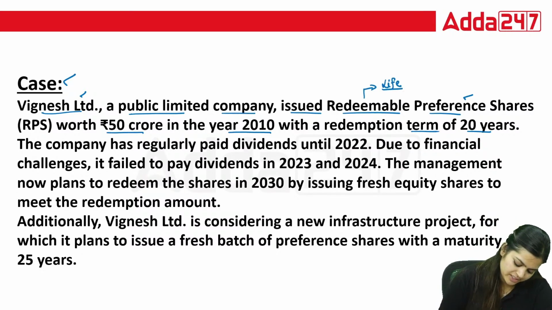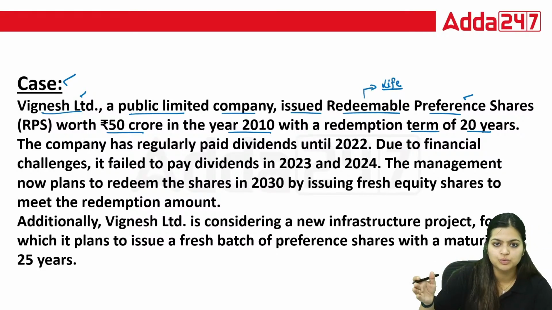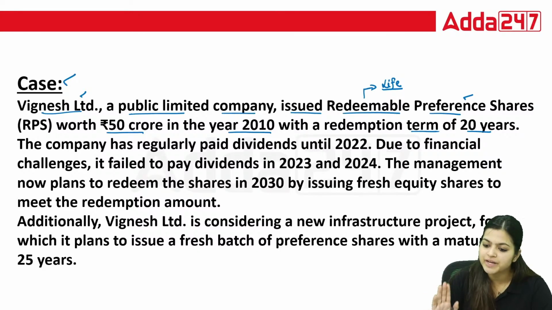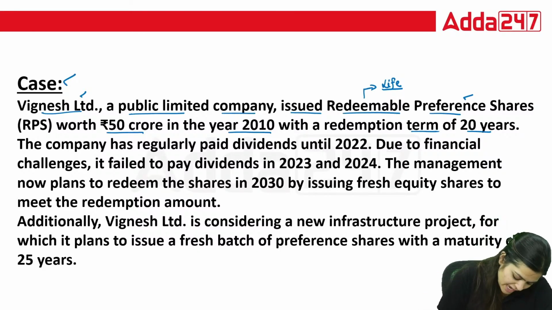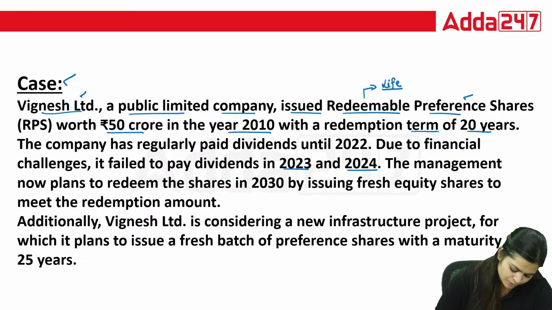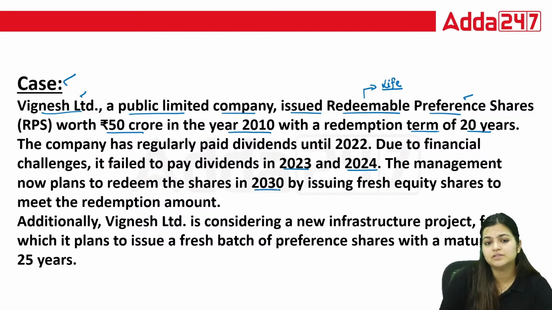So here you can see till 2022 this Vignesh Limited used to pay continuous dividends on a regular basis. But due to financial challenges, it failed to pay dividends in 23 and 24. Now, the management plans to redeem the shares in 2030.